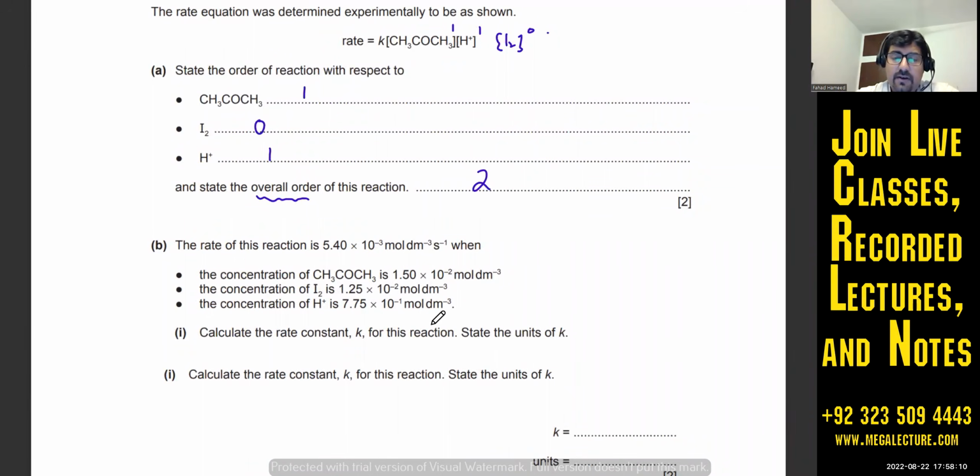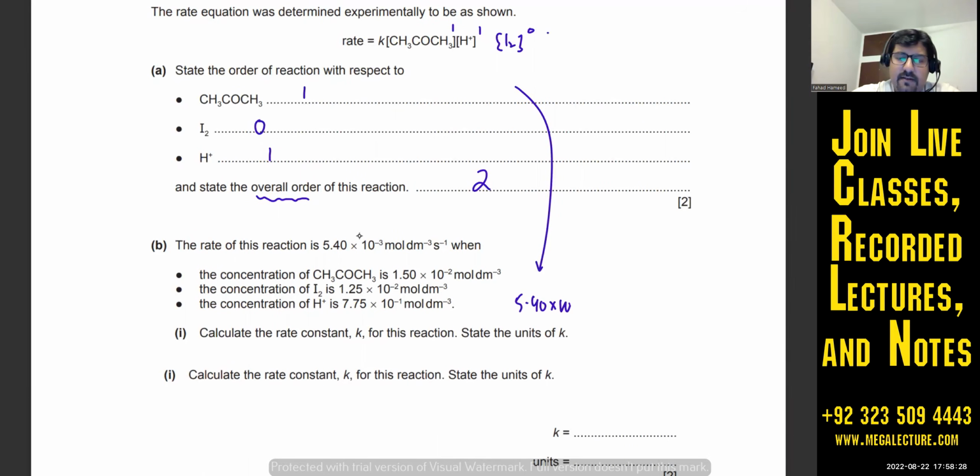All you've got to do is plug in the values. You already have this equation, so that's very easy. The rate is given, so we're going to plug in the values. It's going to be 5.40 times 10 power minus 3.